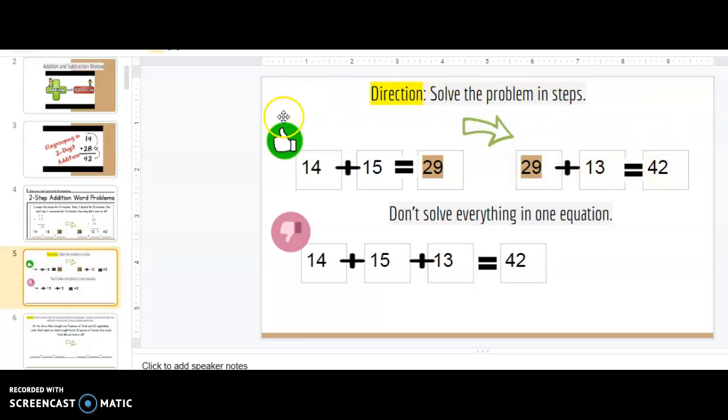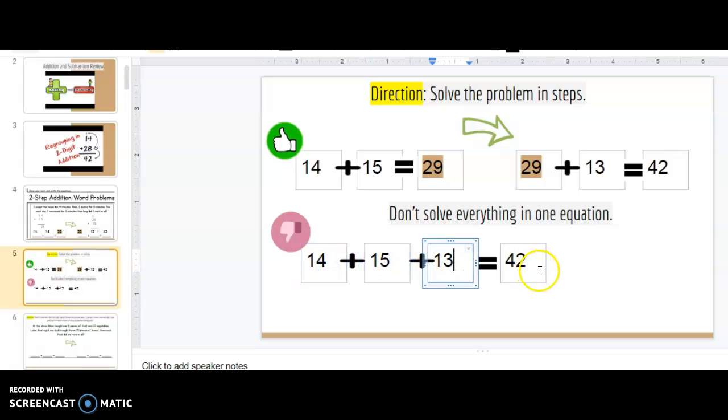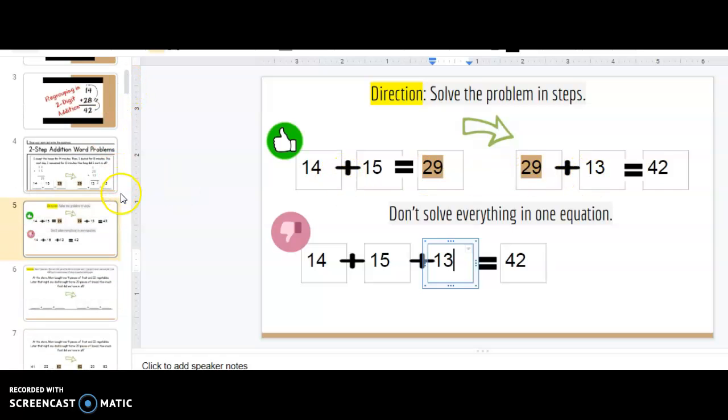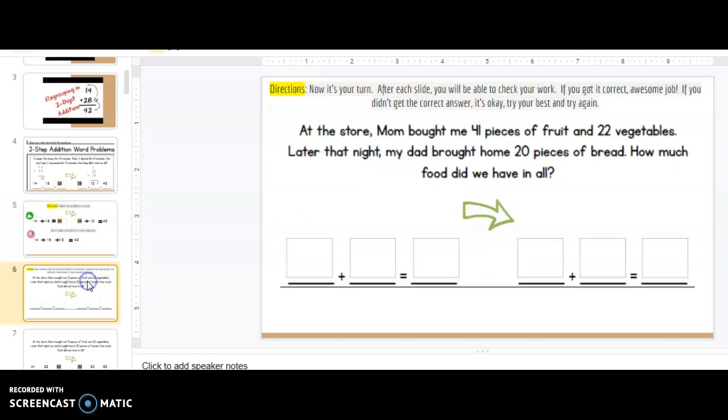This is the correct way to solve our two-step word problems. What I don't want you guys to do, it says don't solve everything in one equation. So thumbs down. Don't do 14 plus 15 plus 13 all in one problem, okay? Let's do it in two steps. That way we can get the correct answer and we're doing everything clearly and organized.